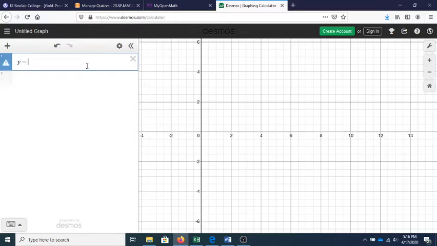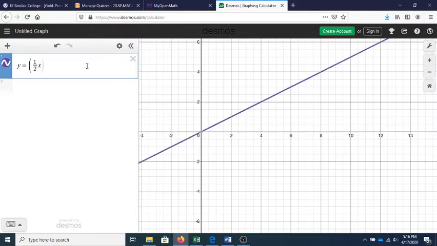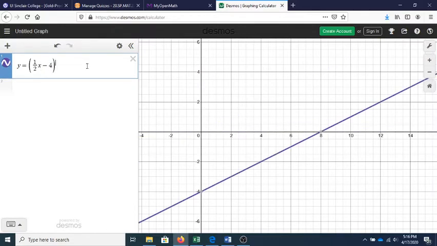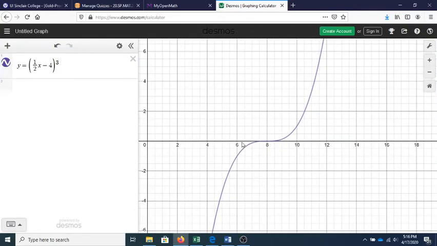So y equals 1/2 x minus 4 to the 3. We're going to integrate this function. We're going to find the area that's under this function and above the x-axis from x equals 8 to x equals 10. So, a real small little wedge of area here. We're going to use the fundamental theorem of calculus to compute that.